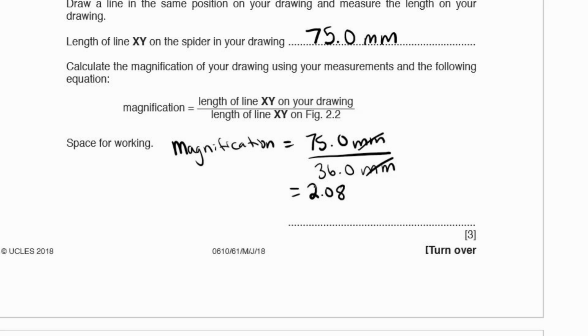We don't normally write 2.08 magnification. Normally it's by a much more whole number, so we could say it's 2. The magnification is 2. That's it.